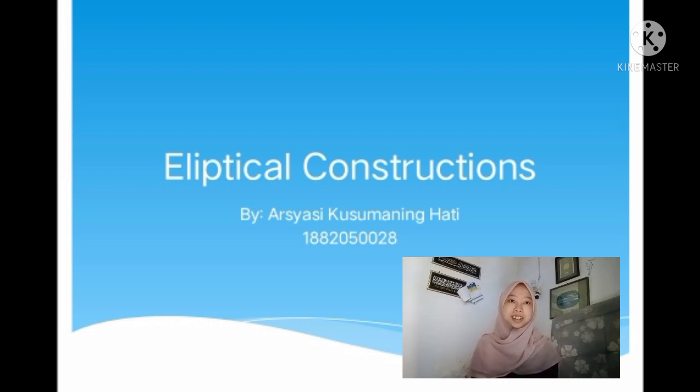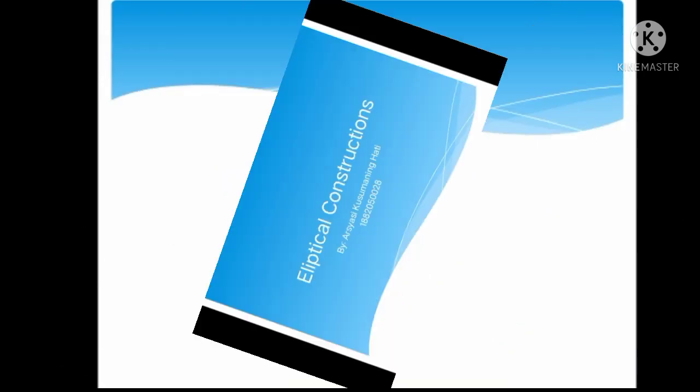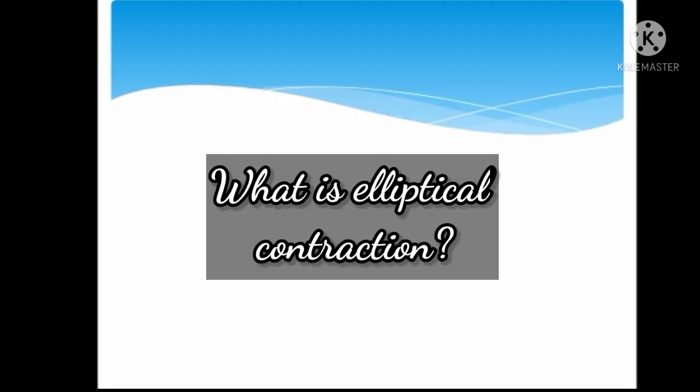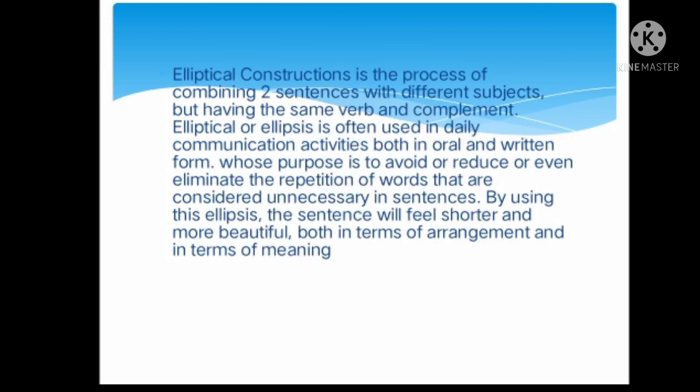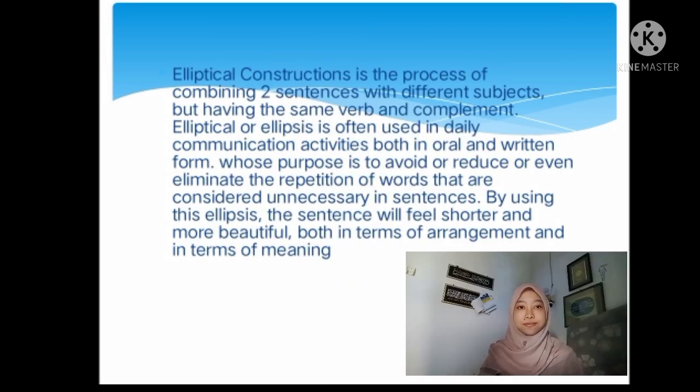What is elliptical construction? Elliptical construction is the process of combining two sentences with different subjects but having the same verb and complement.